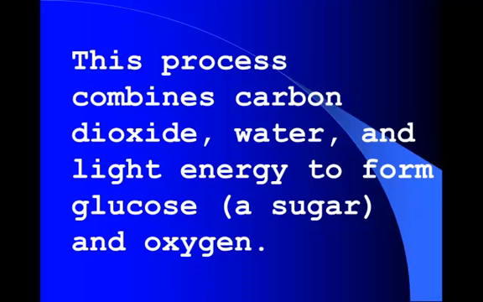So this process, remember, when we have a chemical equation, we have some inputs that have to go in, and then we have the products that are the end result. Here, in order to have this process occur, we need carbon dioxide, water, and light energy.